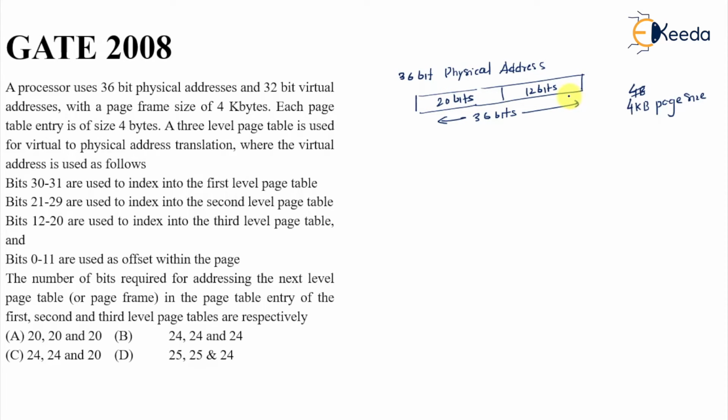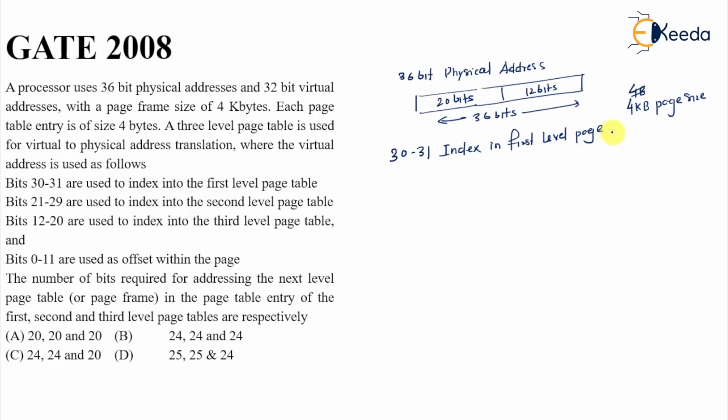A 3-level page table is used for virtual to physical address translation, where the virtual addresses are as below. Bits 30 and 31 are used for the index in the first level page table.